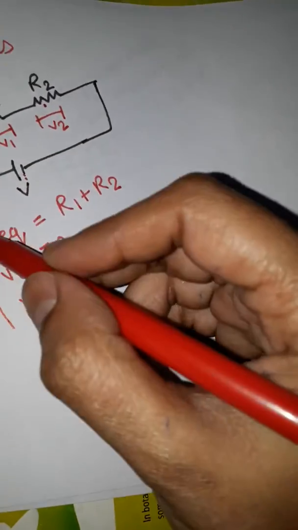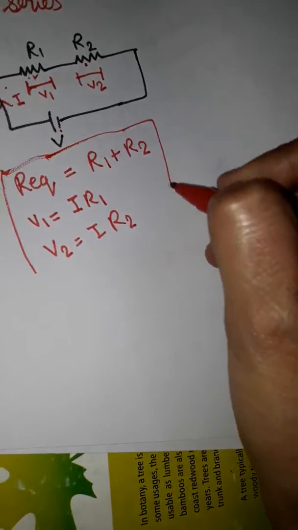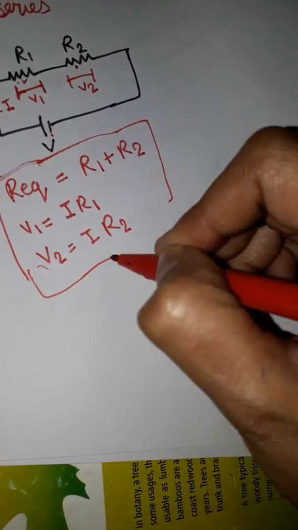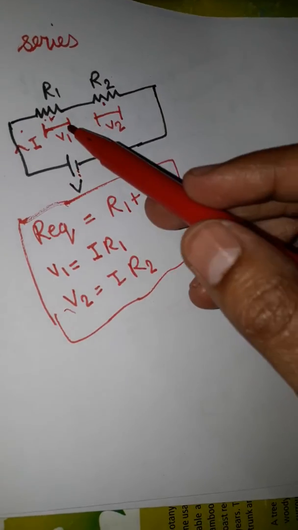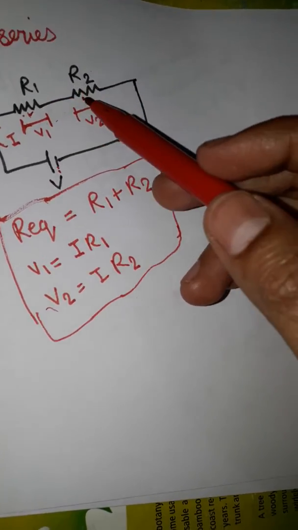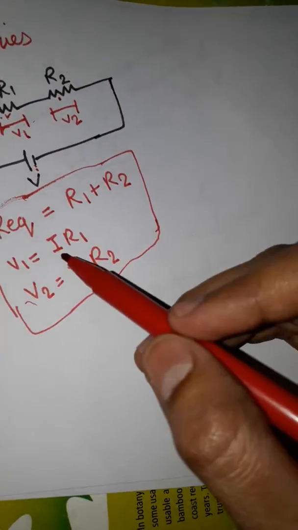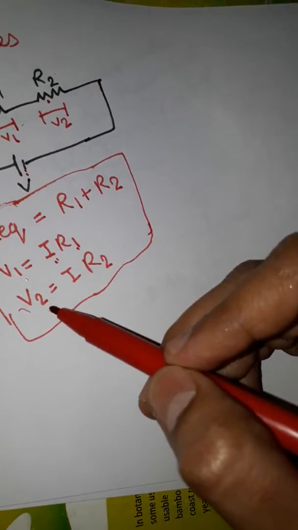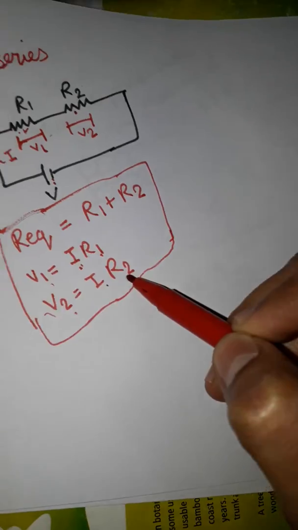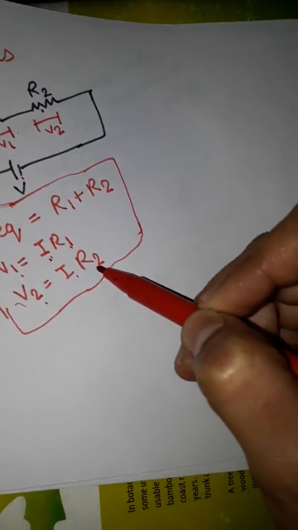So this is the basic thing for series connection. In series, current remains the same, whereas voltage gets divided across each element, and that voltage is proportional to the resistance. V1 equals I R1, V2 equals I R2 according to Ohm's law.